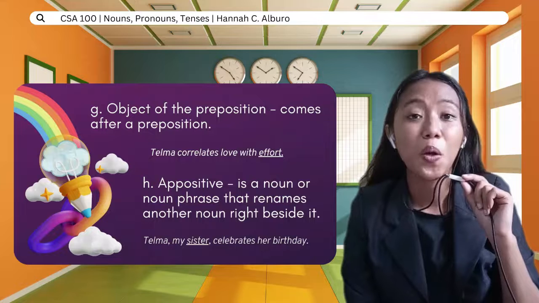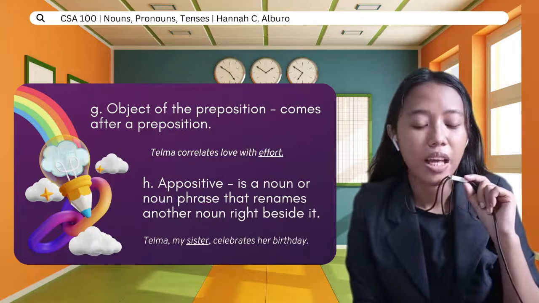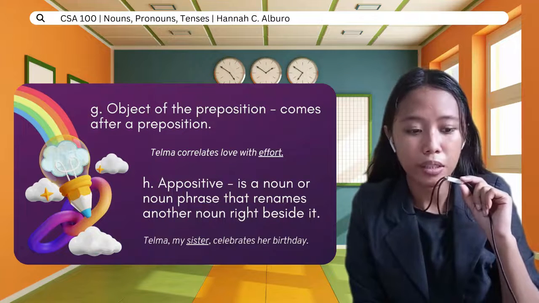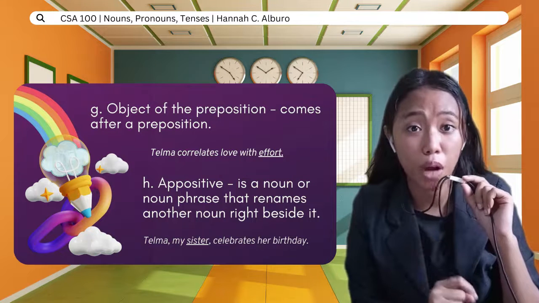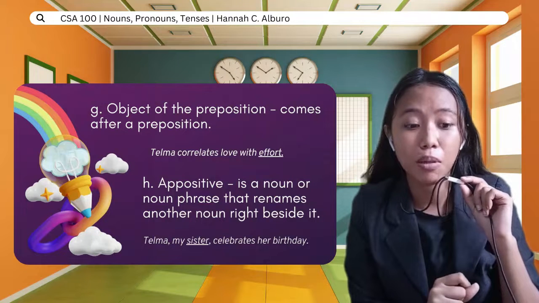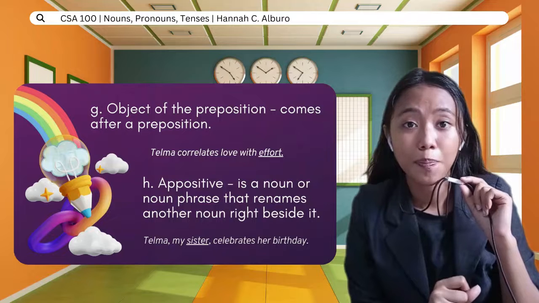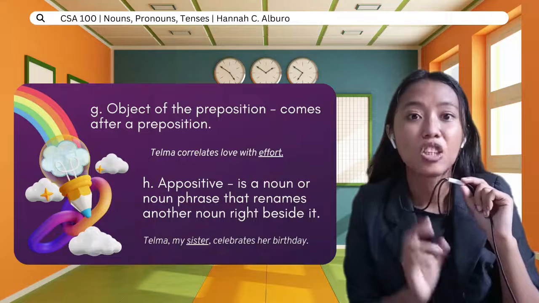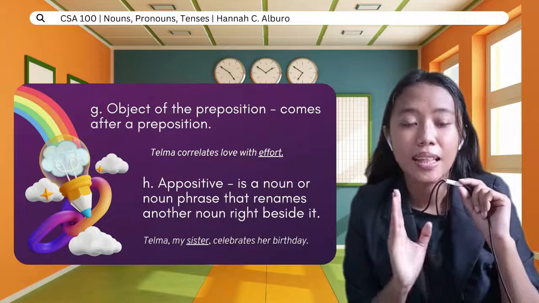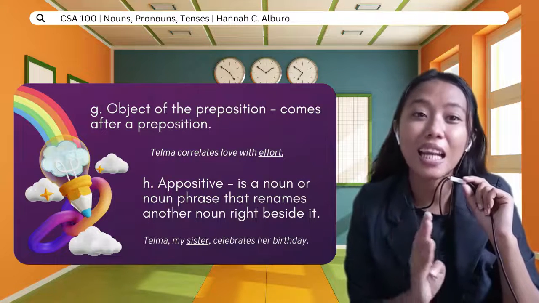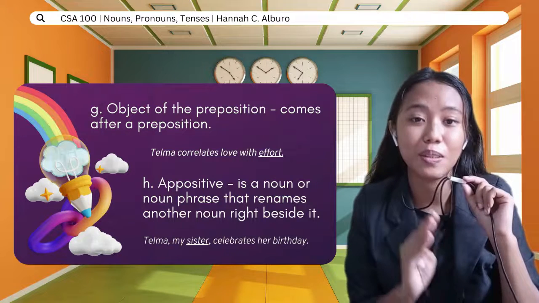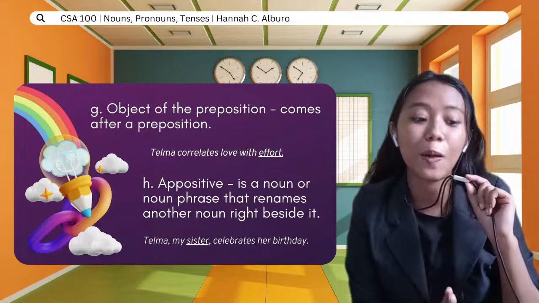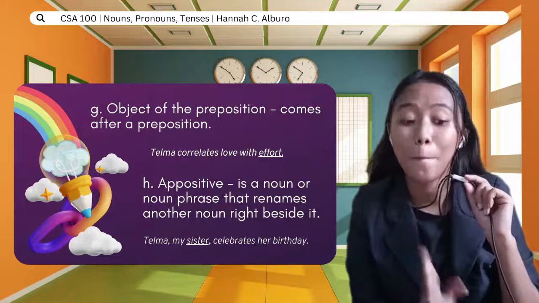Okay, now for the last one, appositive. It is a noun or noun phrase that renames another noun right beside it. Take for example the sentence, Telma, my sister, celebrates her birthday. So we have Telma. Then it is again renamed as the sister. So Telma, my sister, celebrates her birthday.